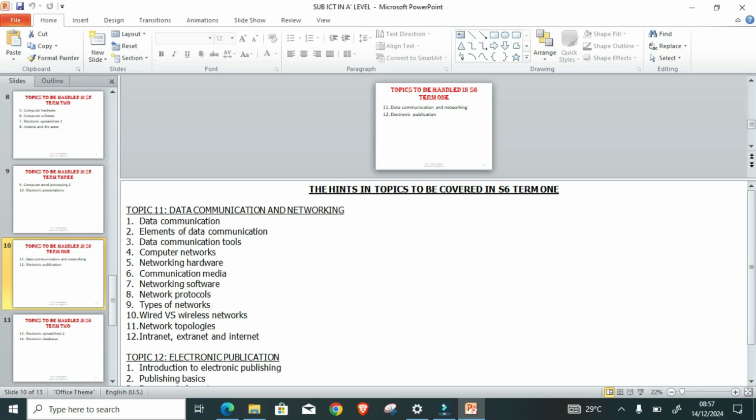1, data communication, the exchange of data between communicating devices. Elements of data communication, data communication tools, what you use to communicate, the computer networks, the networking hardware, the communication media.